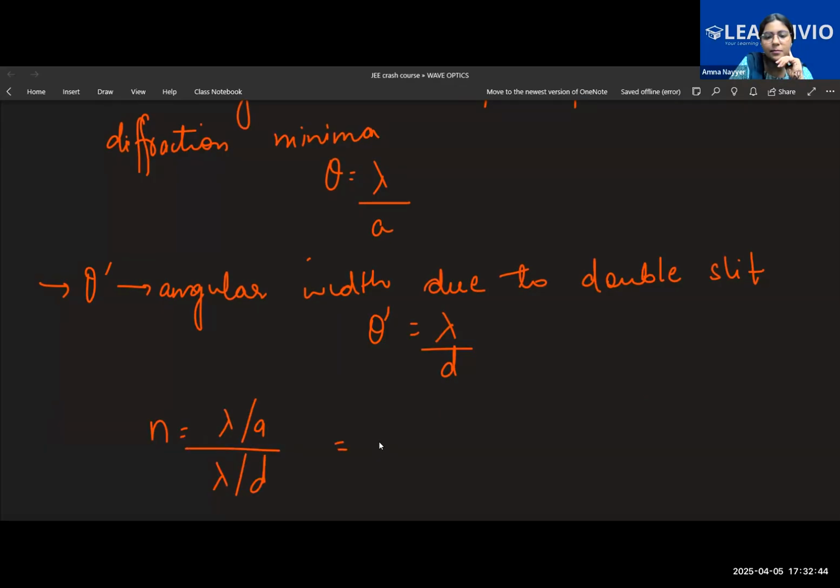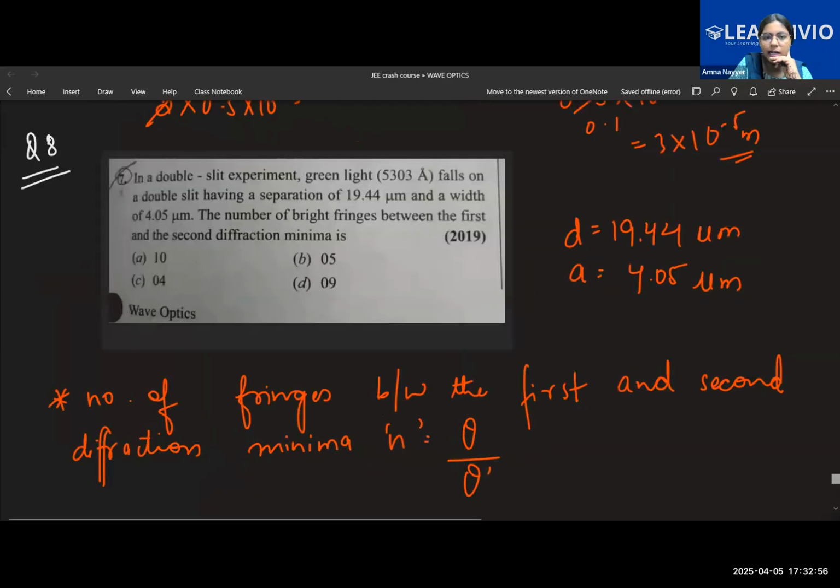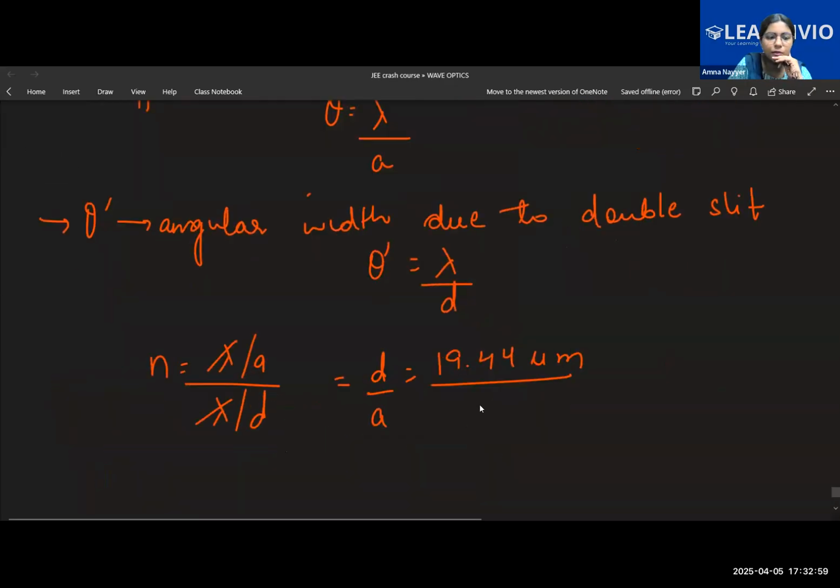D will go up, lambda gets cancelled, d by a. So 19.44 micrometer divided by 4.05 micrometer. This will be cancelled and n will be equal to 5.